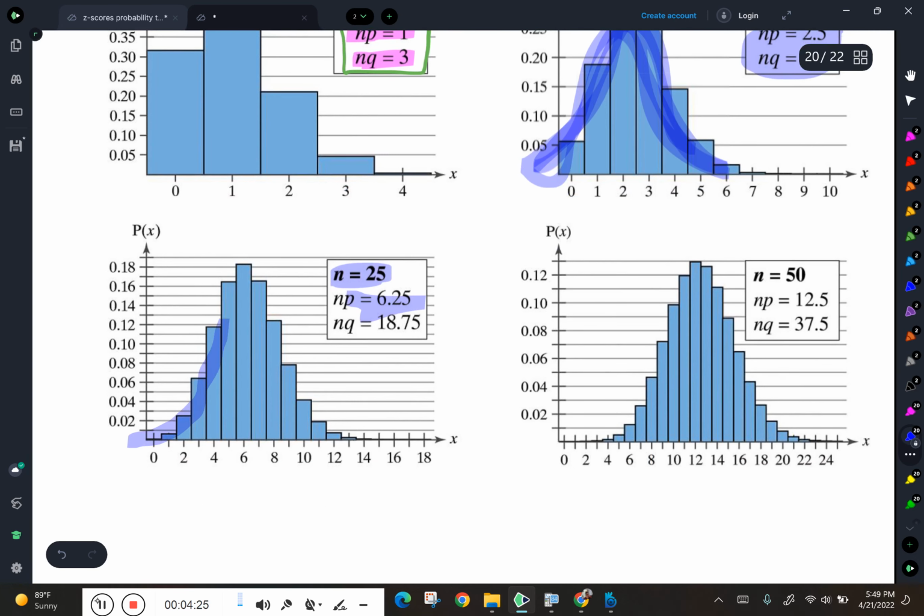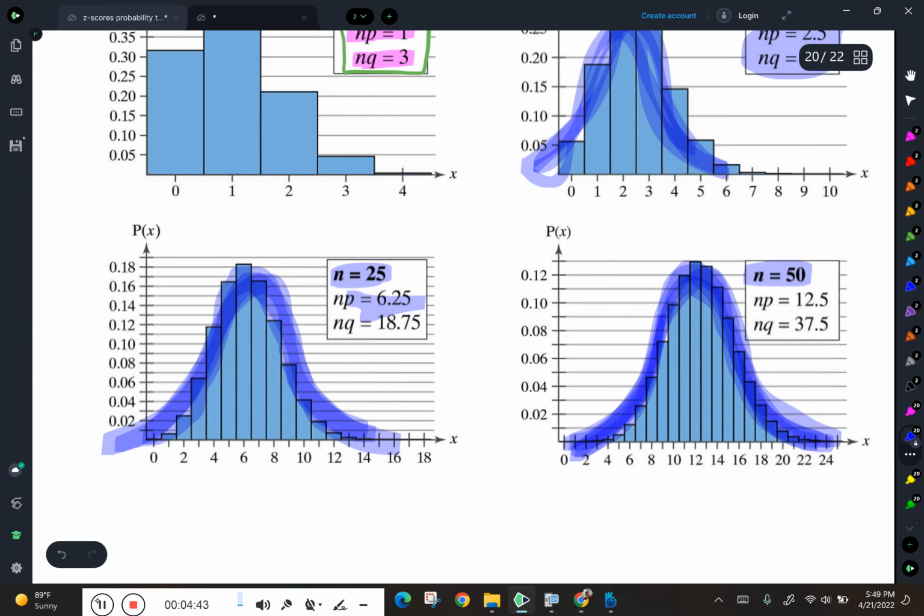This looks like a pretty good normal curve there. And so I could model that reasonably well with a normal. And if I keep going and get bigger, it just gets better. So the more trials of my experiment I have, the better my curve can be approximated by a normal distribution.